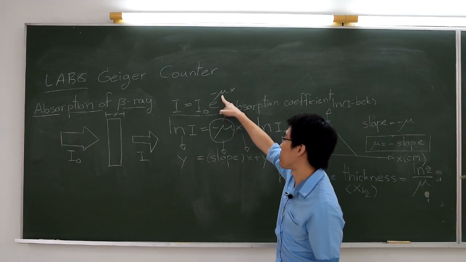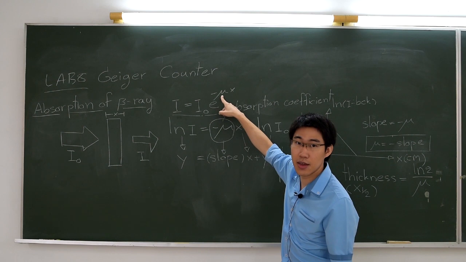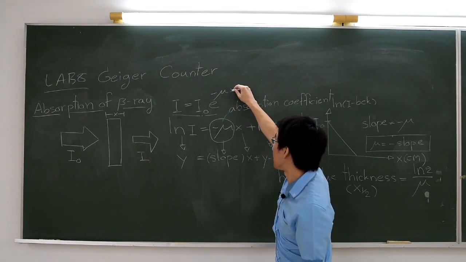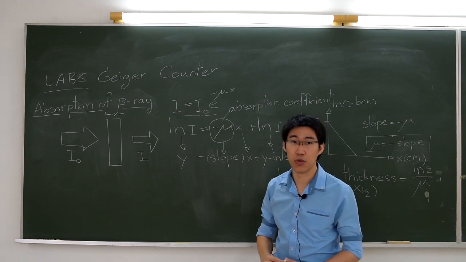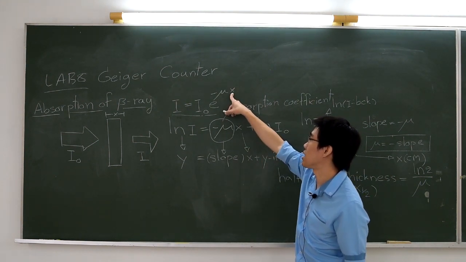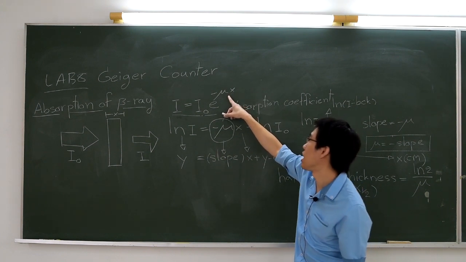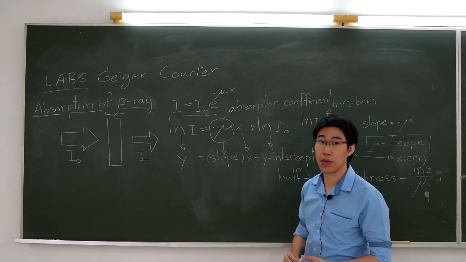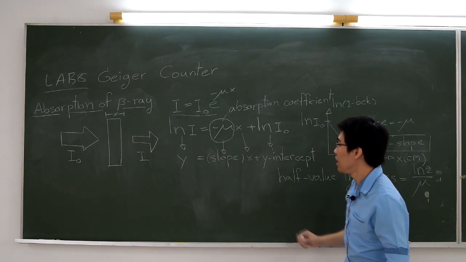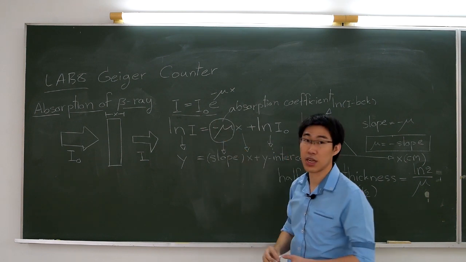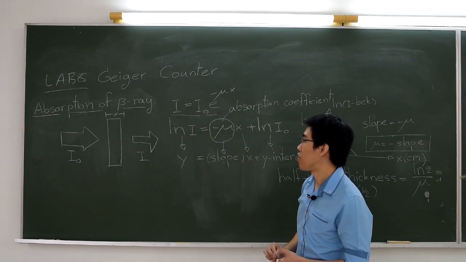And the mu is the attenuation coefficient in unit of 1 over centimeter, and the x is the thickness of the material in unit of centimeter. In this experiment, we will determine the value of the attenuation coefficient of the material.